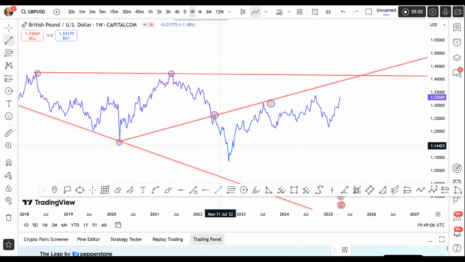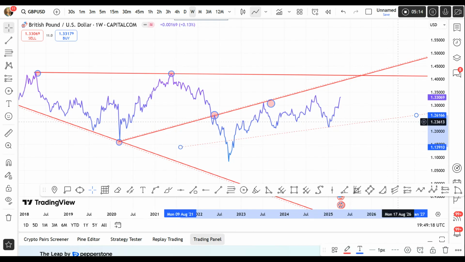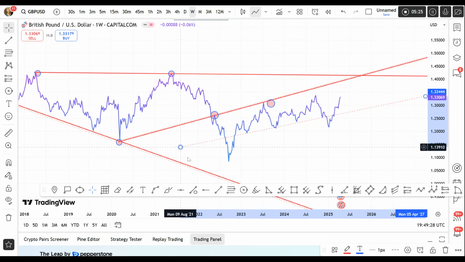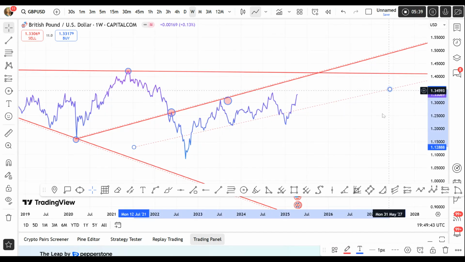Let's look if we find another beautiful structure. So this is a valid support in the future.